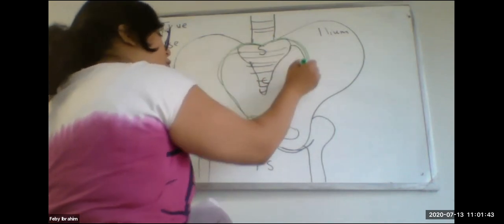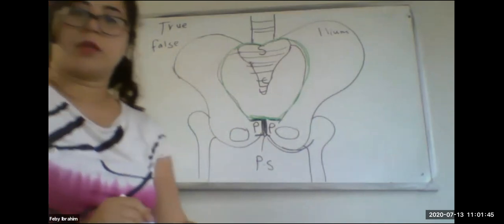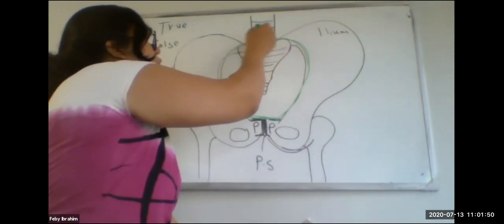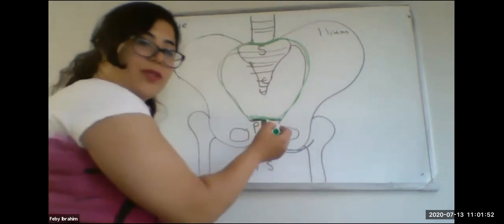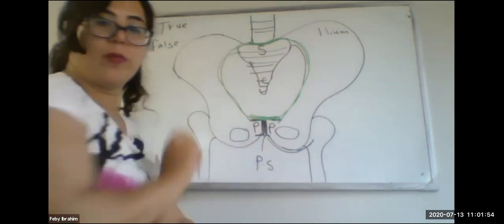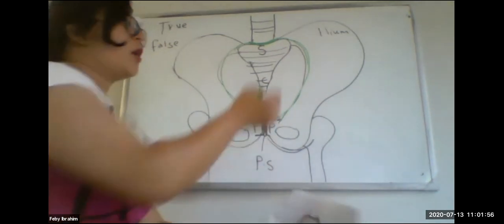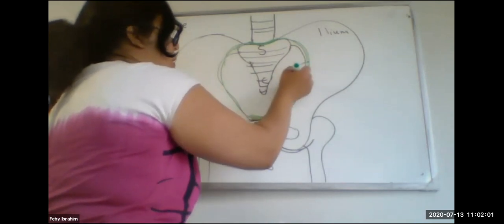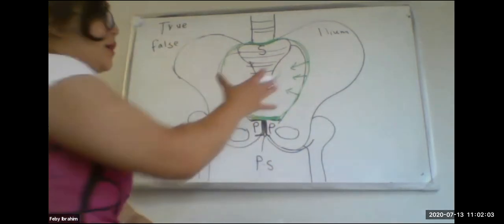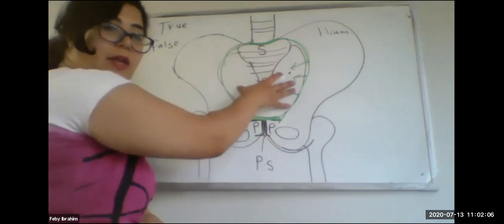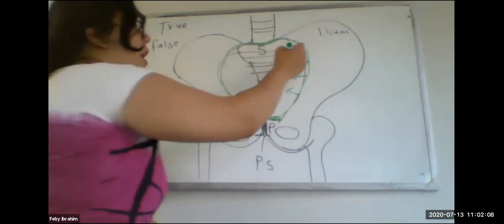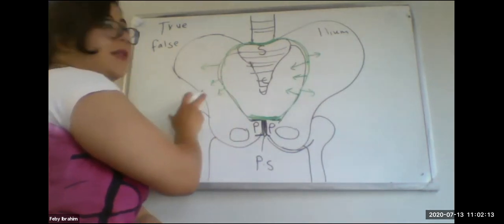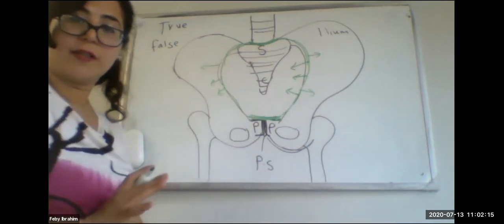Look here, this apple shape. This is the line. Again, it's from the superior margin of the sacrum to the superior margin of the pubic symphysis. Whatever is below this line is the true pelvis. This area is the true pelvis. And whatever is above this line will be the false pelvis.